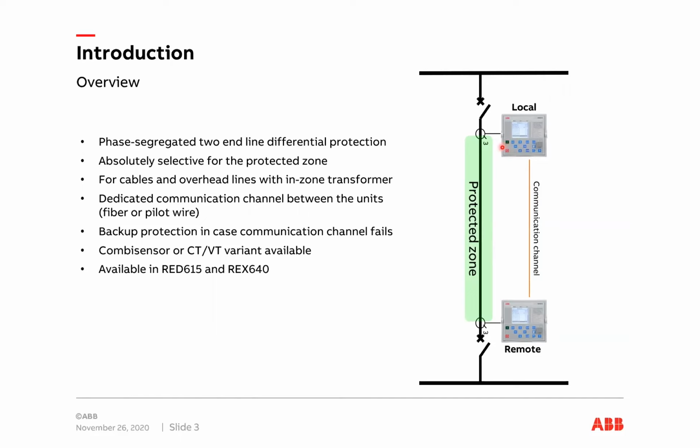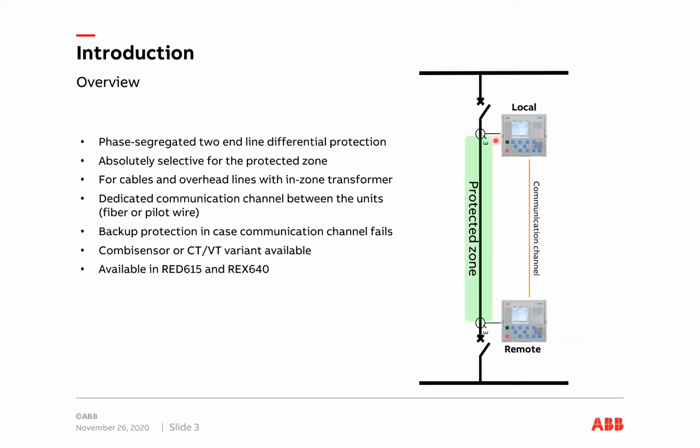We say that we have a phase segregated two-end line differential protection. This means that we are calculating the differential current in each phase separately, and two-end line differential protection means that it's two-ended.